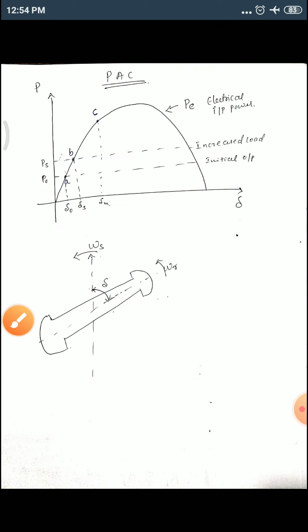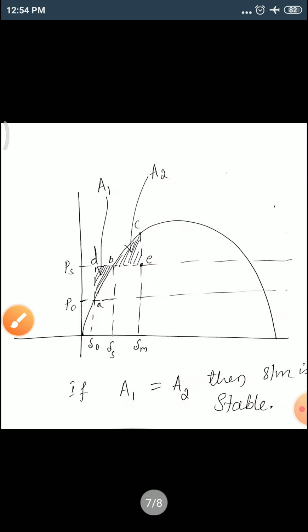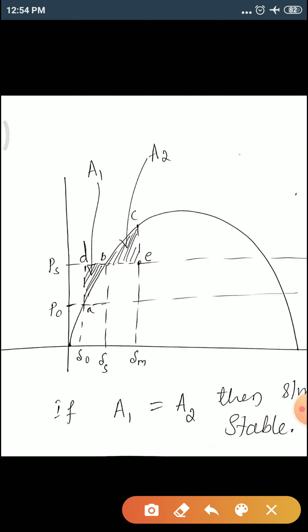Once you consider the electrical area and the mechanical area, we can write the electrical area.